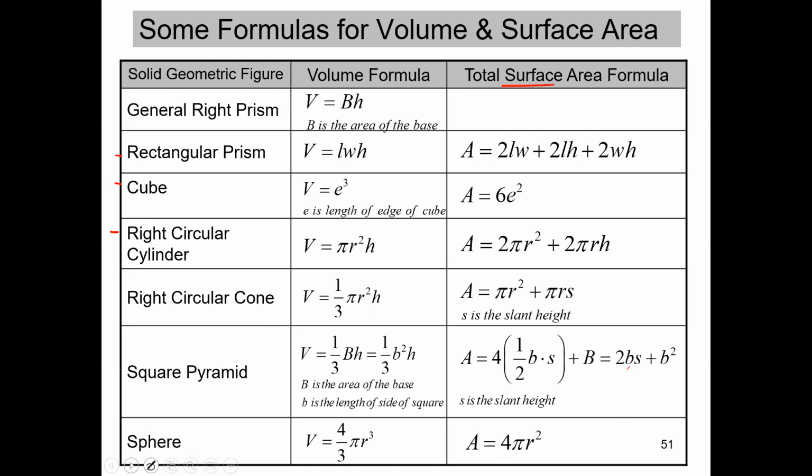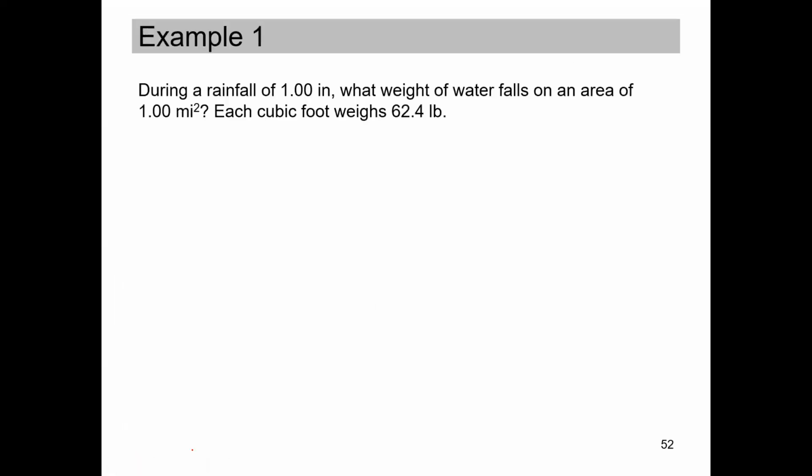Let's start in with some examples. And this one is a lot of fun because there's a lot of things involved in this one, so bear with me, stick with me. So during a rainfall of 1 inch, what weight of water falls on an area of 1 square mile?